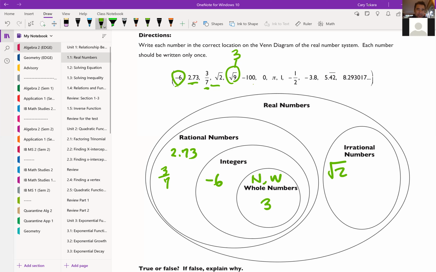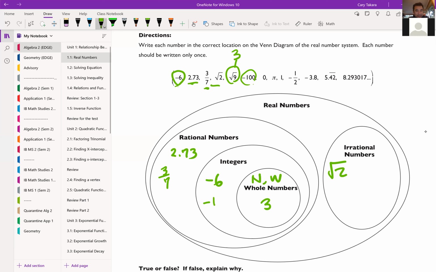How about negative 100? Where would you put that? Definitely negative 100 is, what do you guys think? Everybody think about it, okay? Do you have the answer? Where would you put negative 100?